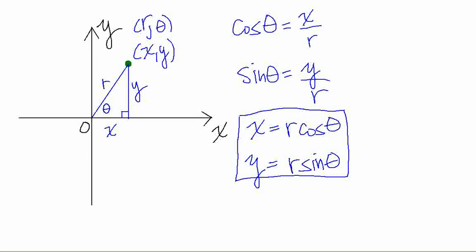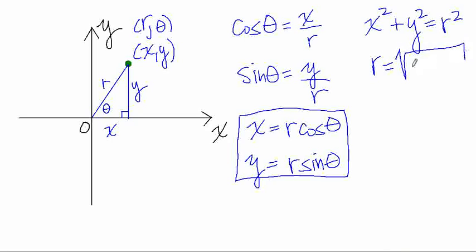All right? What about converting from rectangular coordinates to polar coordinates? Well, do you agree that the Pythagorean theorem applies to the right triangle? In other words, doesn't x squared plus y squared equal r squared? So that means that r must equal the square root of x squared plus y squared, right?